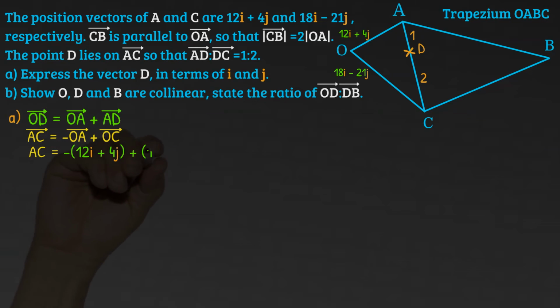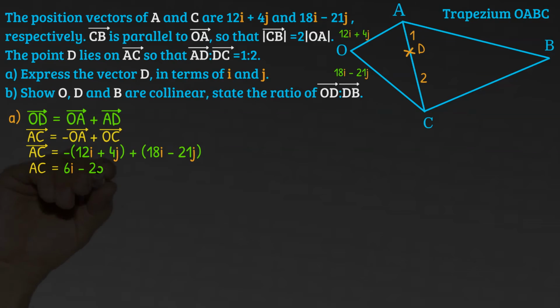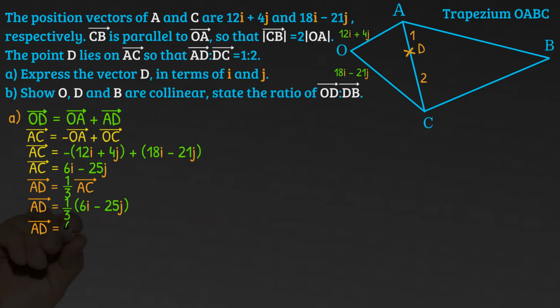And when we put the values in, we end up with AC equal to 6i minus 25j. And as point D splits the line AC in the ratio 1 to 2, AD is going to be 1/3 of AC. So if we put the values in there, AD is equal to 2i minus 25/3 j.